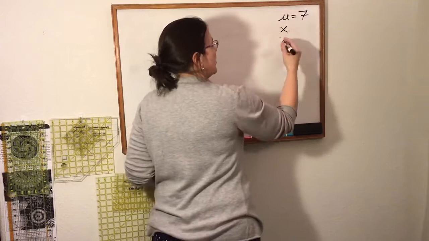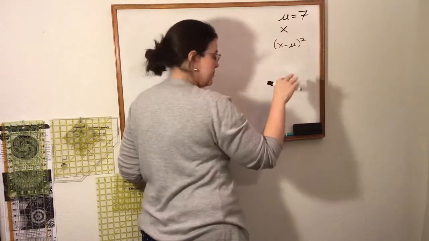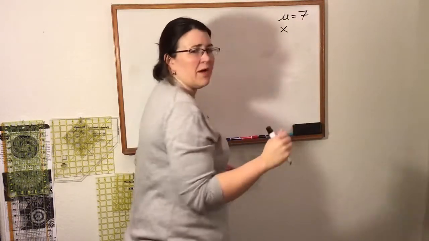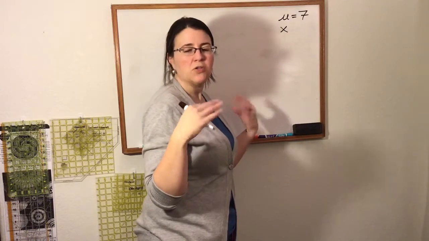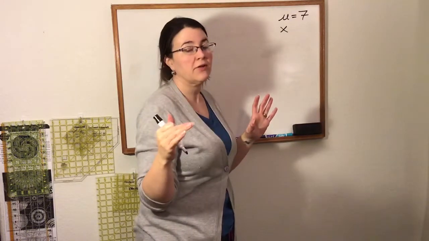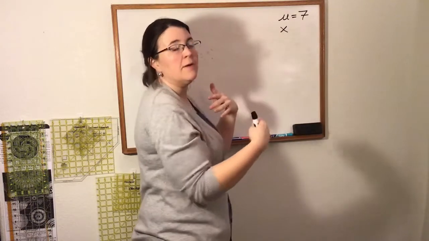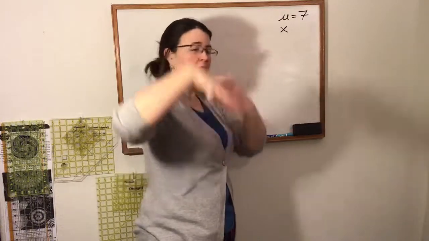What you end up doing is you end up taking x minus mu squared. You have to take the sums of those, you have to divide, and it's not complicated, but it's a long process, and I don't want to do it. So if I had my calculator, I would just input my 10 values into my calculator, do my stats, 1 variable statistics, have it give me everything.